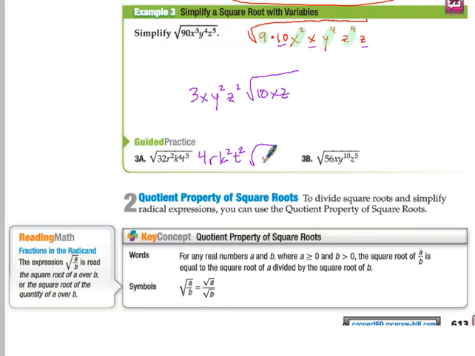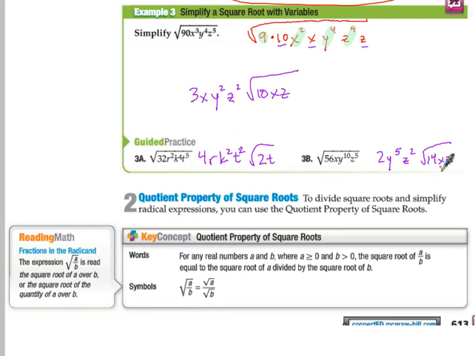And left under the radical is just 2t. Hopefully on 3b you got 2y to the 5th z squared, and left underneath here is 14xz. Now, I don't think those are easy, so if you didn't get those, try them again.